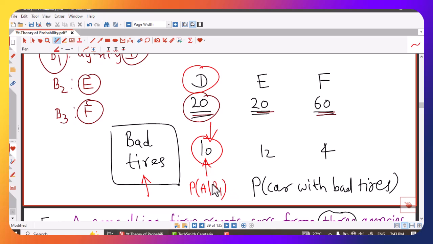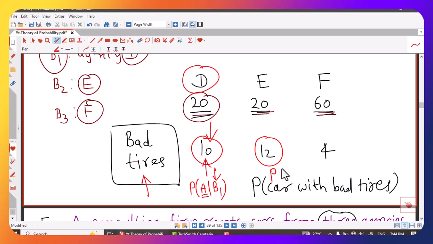That means the first event occurred is B1. First we are considering that B1 has occurred, that is we are selecting or we are taking cars from agency D, and then we find that 10% are having bad tires from agency D. So probability of A given B1 is 0.10. Similarly, it is given that 12% cars from agency E have bad tires.